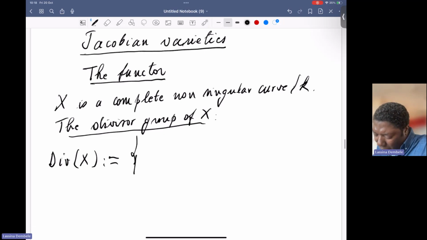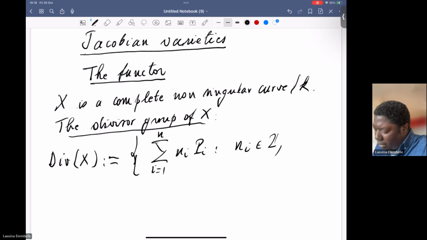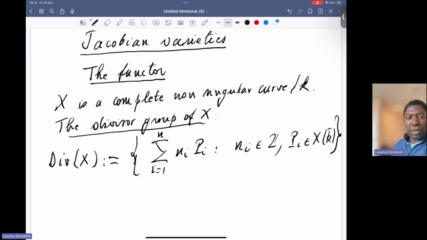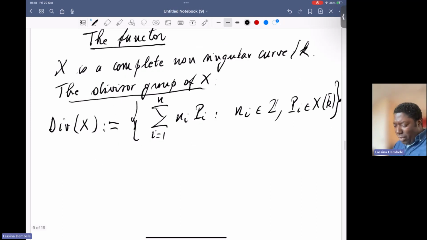We just take all the formal sums from i going from 1 to n of n_i p_i, where the n_i are integers and the p_i are points on our curve. Okay, so that's the divisor group. So it's basically the free group on the set of points on X.